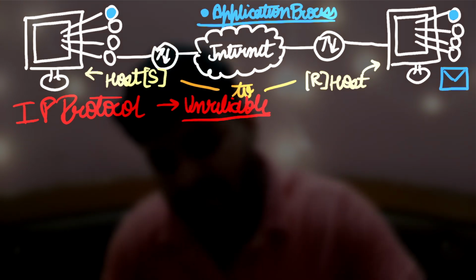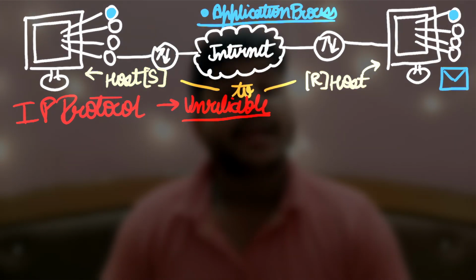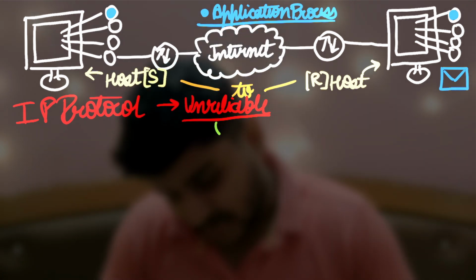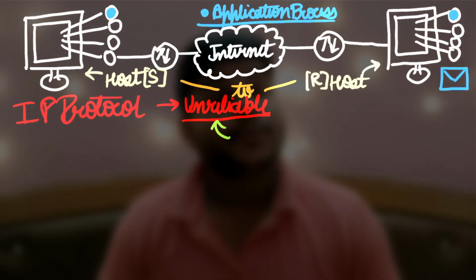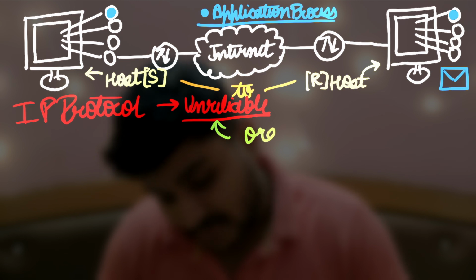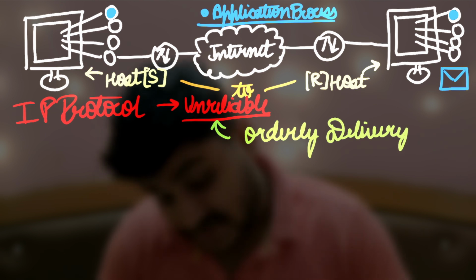So how does the transport layer help with this? The transport layer can improve the best effort promise of the IP protocol by using a protocol named TCP. So when we use TCP, what happens? There's an orderly delivery. There is reliable delivery.